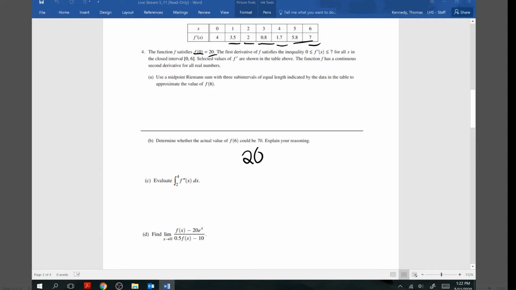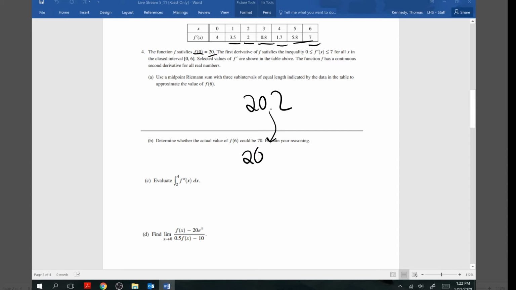So if I think back to my Riemann sum from here, I got 20.2 for this. If I add 20.2 to 20, that does not reach 70 for my estimated value. But midpoint sum is not the best way to test if it could reach 70.